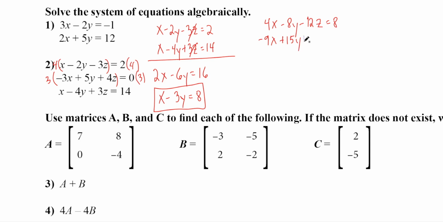Plus 12z. And that's 0. Did I do all the math right? The 12z's cancel out. What do I get here? Negative 5x plus 7y equals 8. All right, there's another x and y I got. So what I'm going to do is take those together.